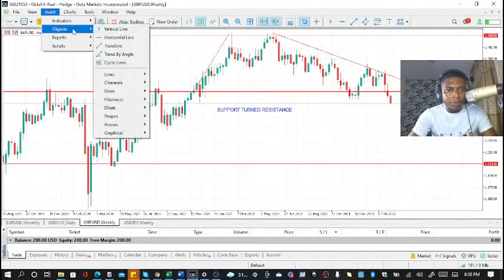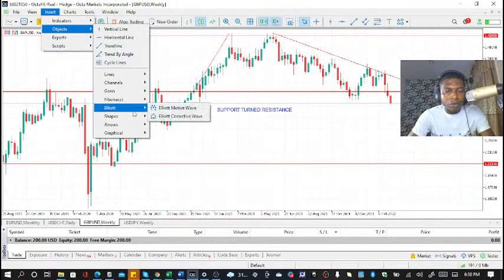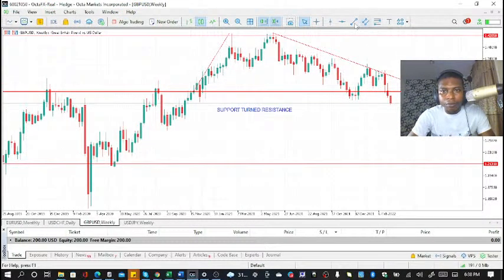Price can come from here to test this region, and later start moving down, possibly another move up, because price moves in a wave-like direction.